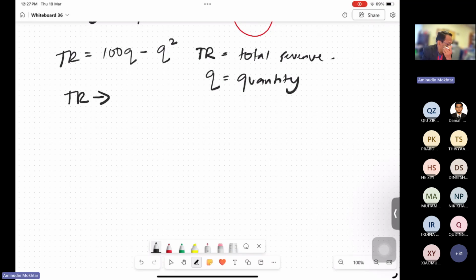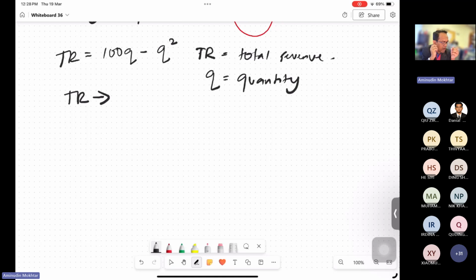I will explain. I think you learned about this theory from perfect competition models, monopoly, oligopoly, and total cost, total revenue in the microeconomics class.